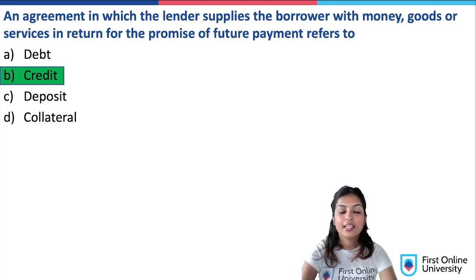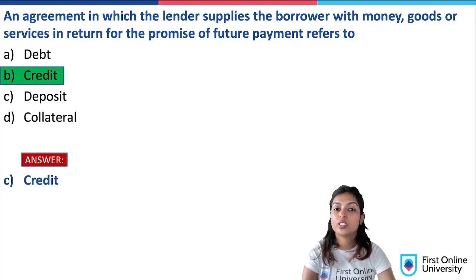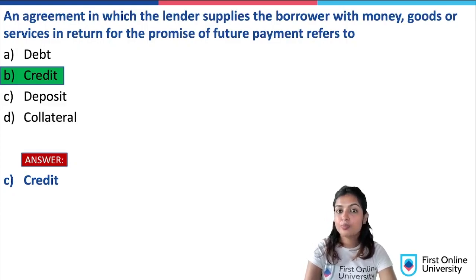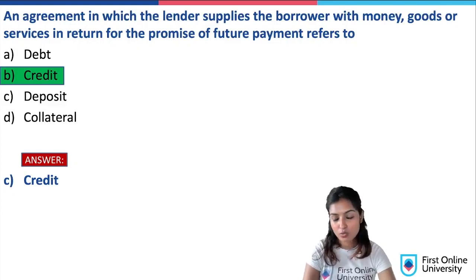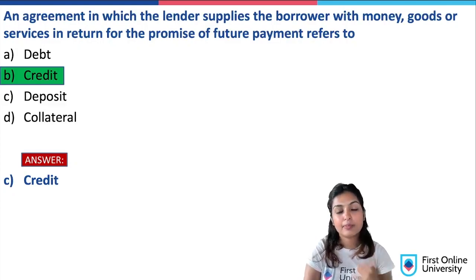The answer is B. Credit. So, credit is an agreement in which the lender supplies the borrower with money, goods, or services in return for the promise that whatever is borrowed will be repaid in the future.